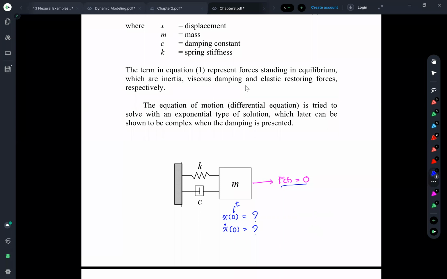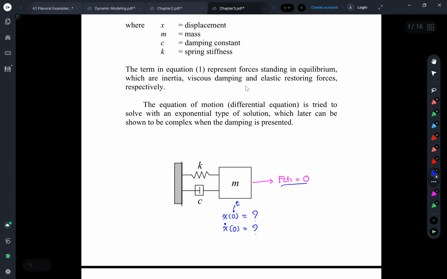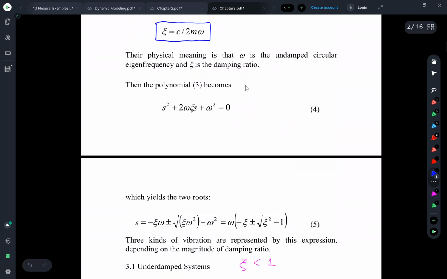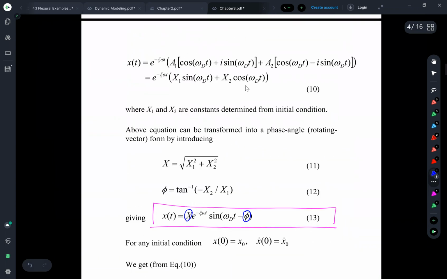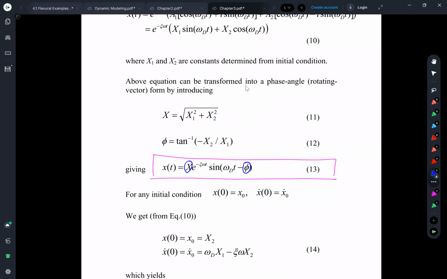See, there are two initial conditions that you need to take care of, those about x0 and x dot 0. Most of the time they are a certain number given to you. To take care of those two initial conditions, you need the big X and phi, two arbitrary constants.